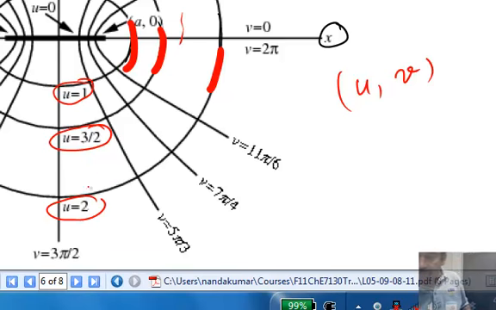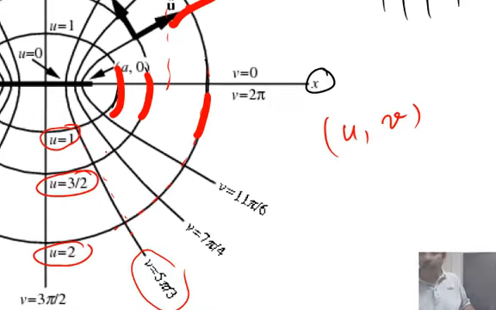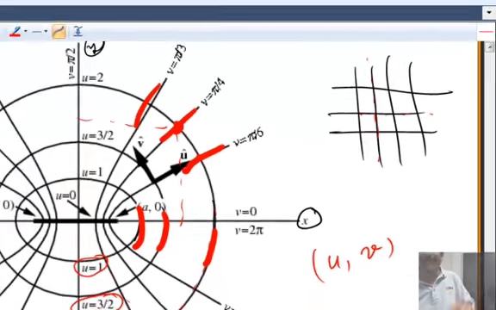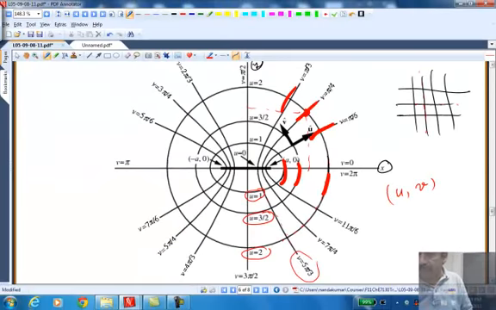On that curve, wherever you are, u is going to be 2. Similarly, if you take this curve, wherever you are, v is going to be equal to 5 pi over 3. That's what coordinates are. If you go along this line, x2 is a constant. If you go along this line, x1 is a constant. So the same idea, you have a net of curves, the intersection of which gives you the coordinate points. And we can develop the relationship between x1, x2, and u and v.